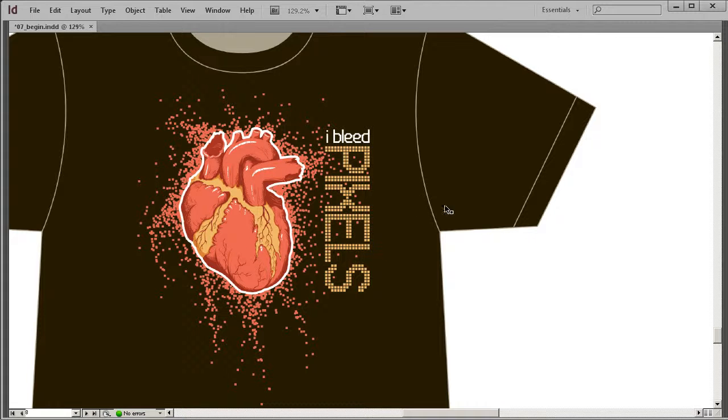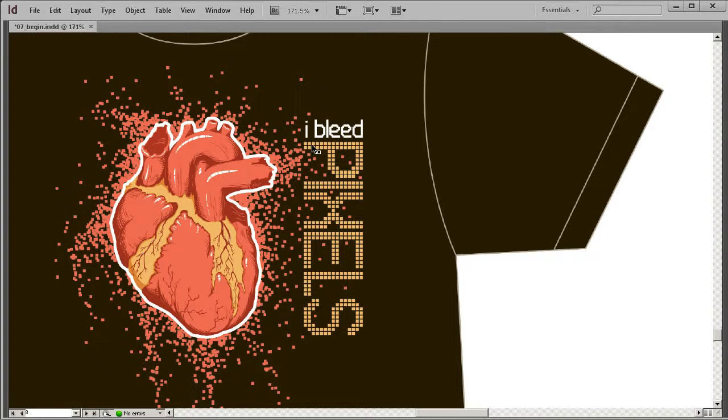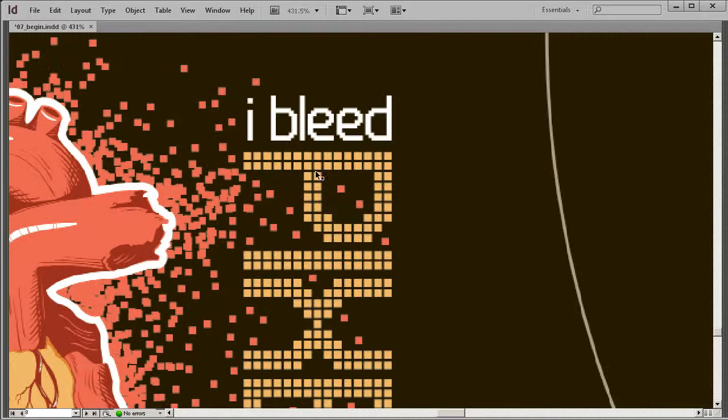Well, if we look over here at the type, it also supports that concept. You can see that the type in the word pixels is made up of pixels, and if we even zoom in on the type for I bleed, you can see that it is very blocky and pixel-like as well. So the type needs to not fight the image, but rather contribute to it.